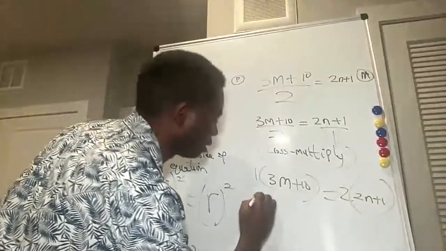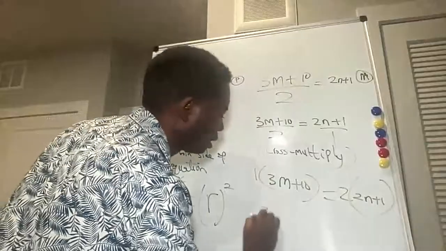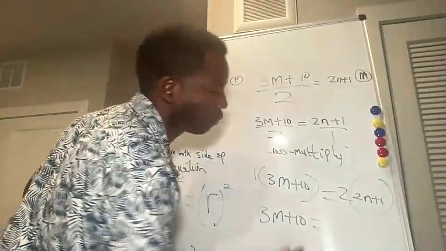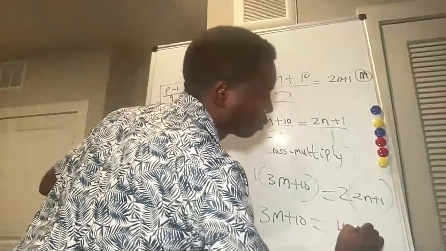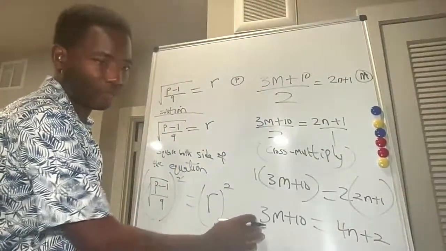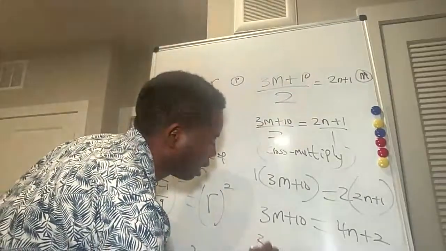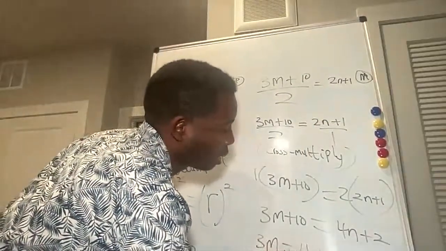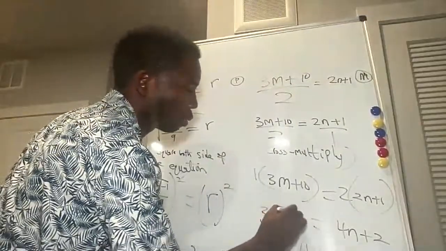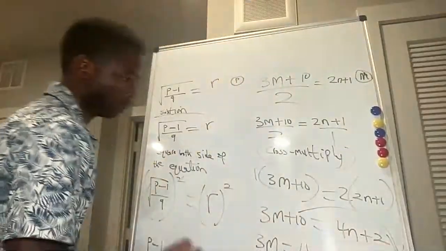Open the bracket: 3m plus 10 is equal to 4n plus 2. Don't forget we are making n subject of the formula. So we have 3m is equal to 4n plus 2 minus 10, because this plus 10 moved across the equation became minus.